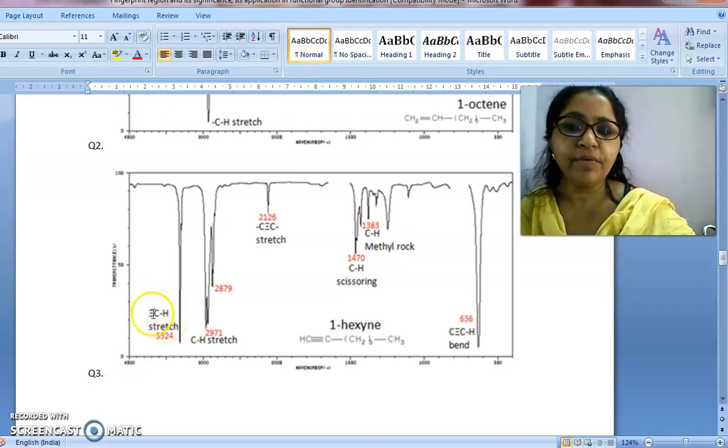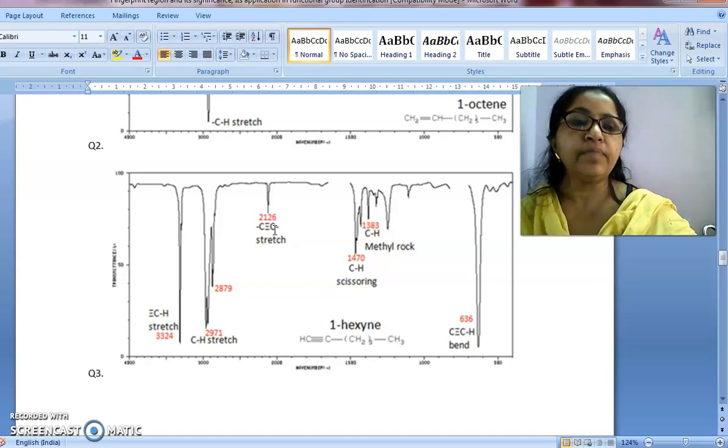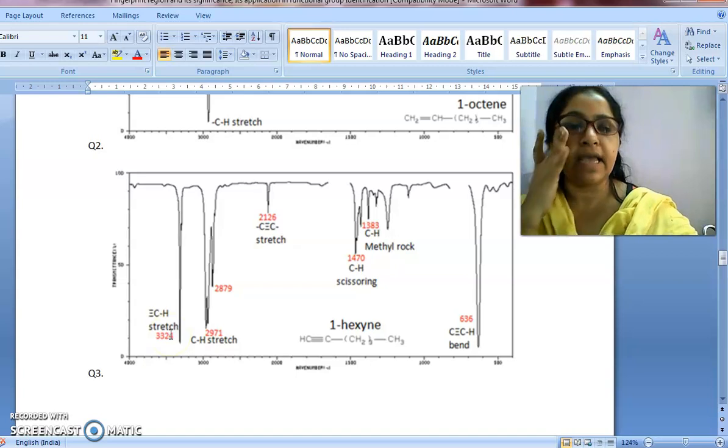If you don't have this one, we cannot say it is a terminal alkyne.